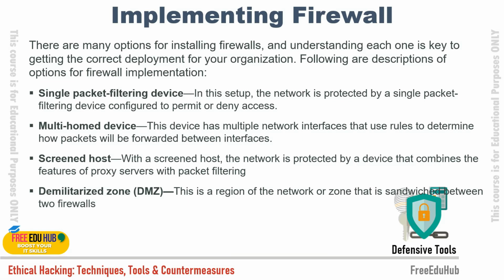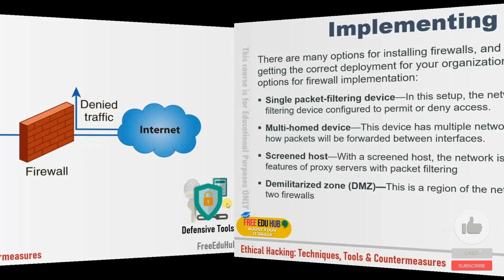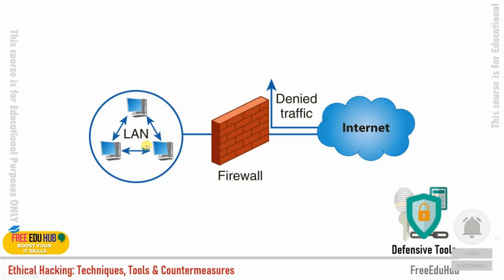With the screened host, the network is protected by a device that combines the features of a proxy server with packet filtering as well. A demilitarized zone is a region of the network that is sandwiched between two different firewalls. For example, if we want to authenticate users against an email server, we usually keep it in the demilitarized zone.